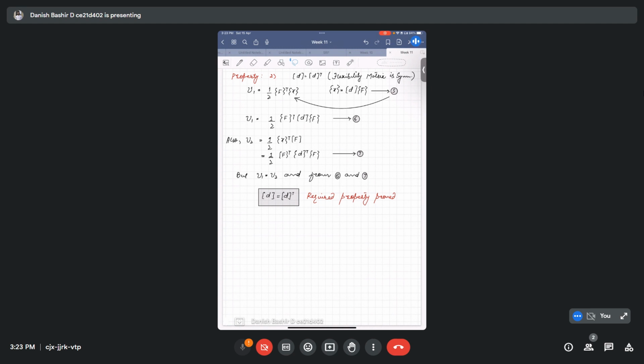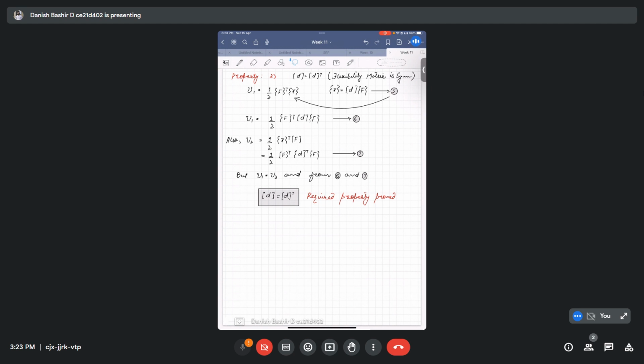We wrote the determinant of this whole matrix, k minus omega square m, equal to 0. We get a polynomial which we then solved, and we got the eigenvalues. Those eigenvalues corresponded to the natural frequencies of that system, and each eigenvector corresponds to the mode shape or mode vector of that mode.